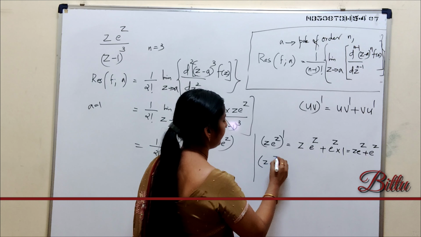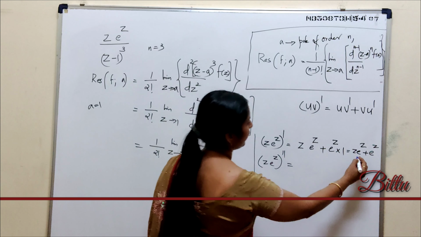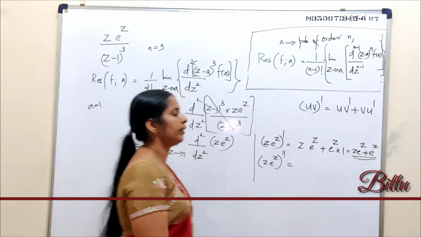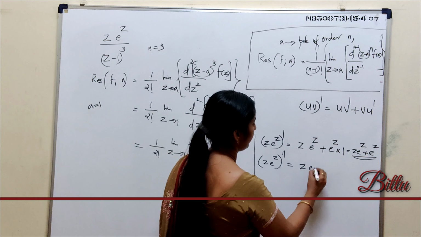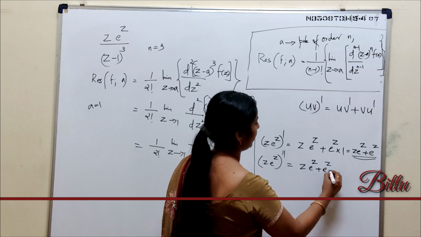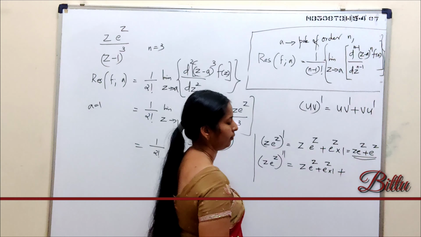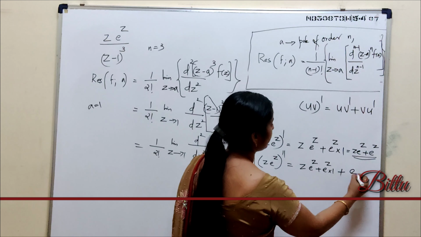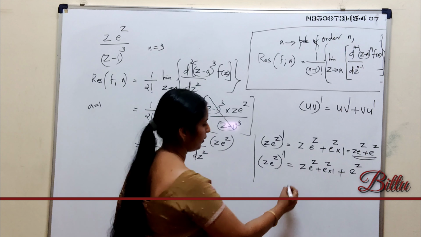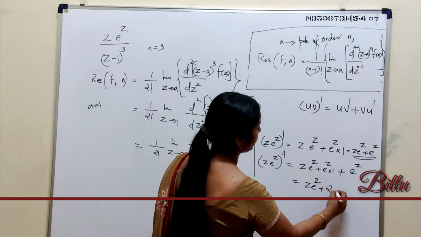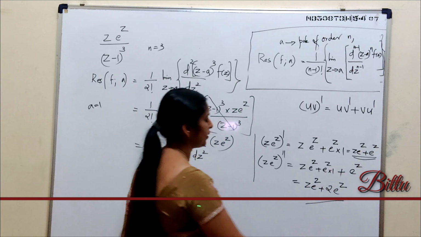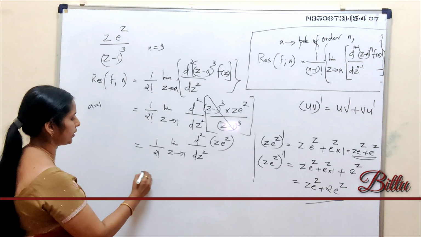Next, its second derivative is, you differentiate this term. Here the first term is a product, again you apply product rule, that is first into derivative of second plus second into derivative of first, plus derivative of e raised to z is e raised to z itself. So z e raised to z plus here 2 e raised to z. So this is the second derivative of z e raised to z.